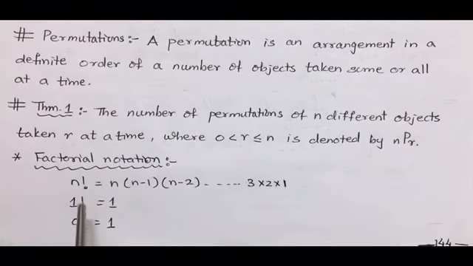Suppose n factorial is given, then it is a product of n till 1. So it gives us the product of the numbers right from n till 1. That is the meaning of n factorial. 1 factorial has the value 1. 0 factorial value will be 1.